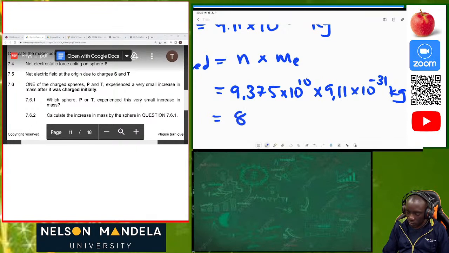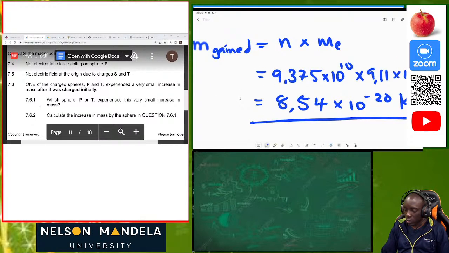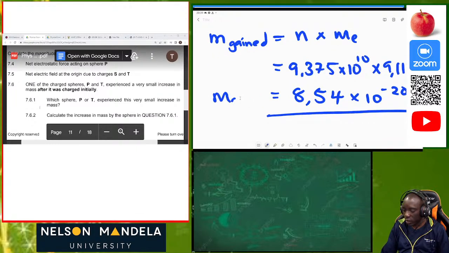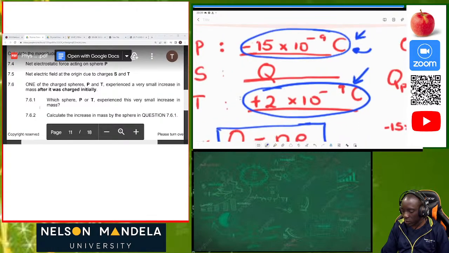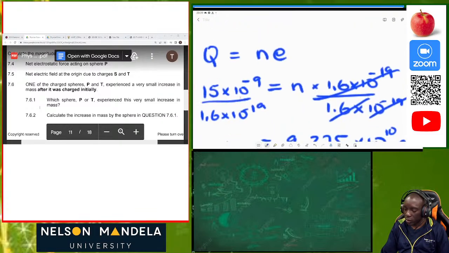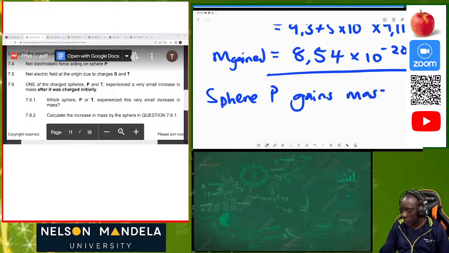This gives us 8.54 times 10 to the negative 20 kgs. So this is the mass gained by sphere P. Sphere P gains mass by gaining electrons.